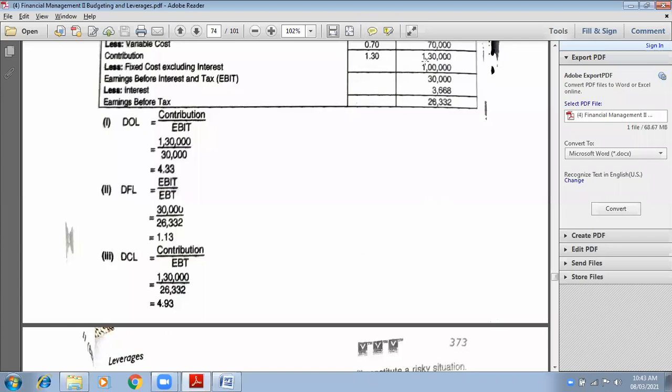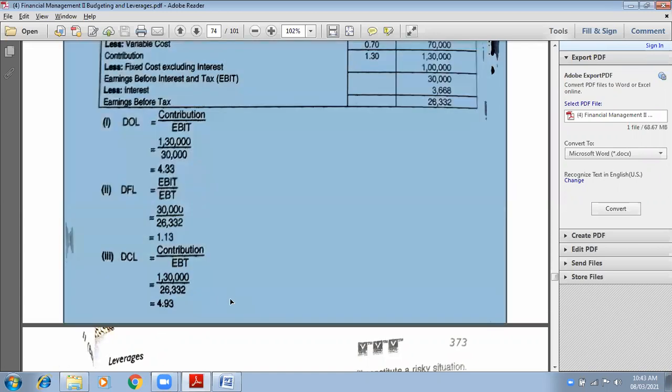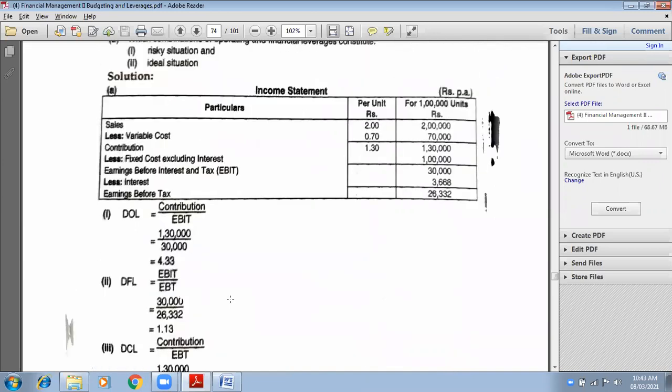Contribution is 1 lakh 30,000 and EBT is 26,332. That 4.93 can be verified by multiplying the answers of DOL and DFL, meaning 4.33 into 1.13. You need to check whether it is 4.93, at the end, on the calculator.